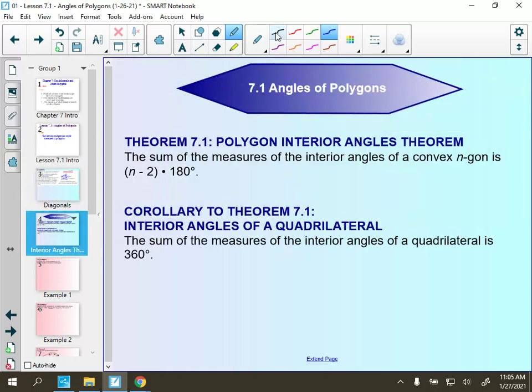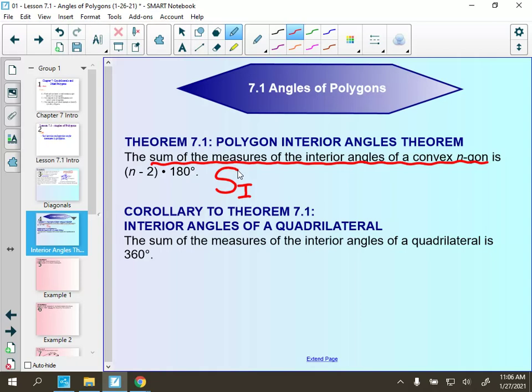In class, we set it up as the polygon interior angles theorem. We use this abbreviation, a capital S with a subscript I, to stand for the sum of the measures of the interior angles of a convex n-gon. That's a lot to write, and I don't want to write it every time.